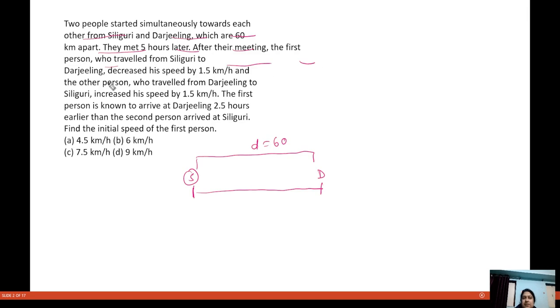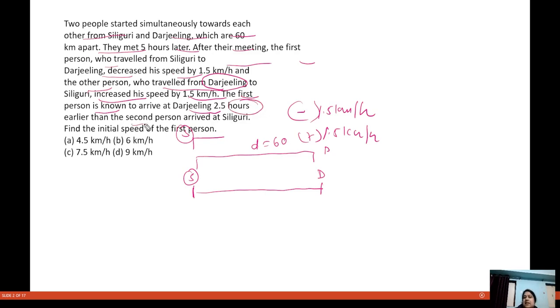After their meeting, the first person who traveled from Siliguri to Darjeeling decreased his speed by 1.5 kilometer per hour. And the other person who traveled from Darjeeling to Siliguri increased his speed by 1.5 kilometer per hour.